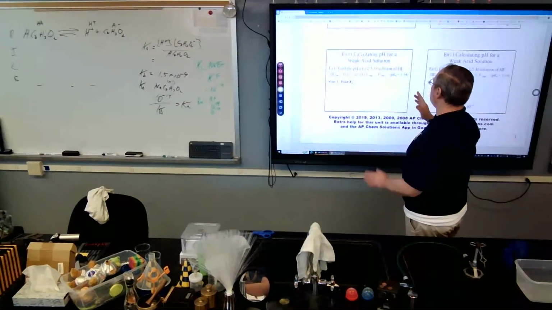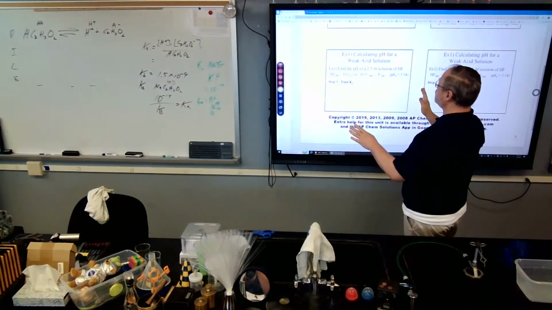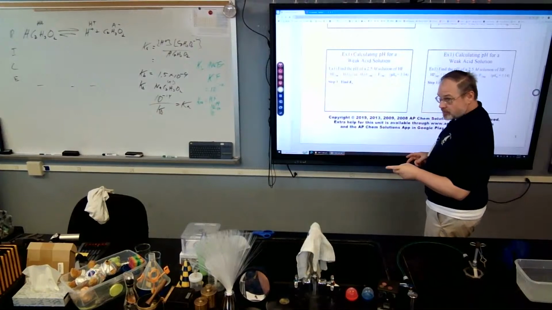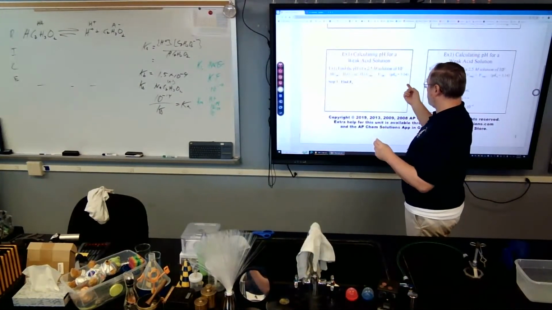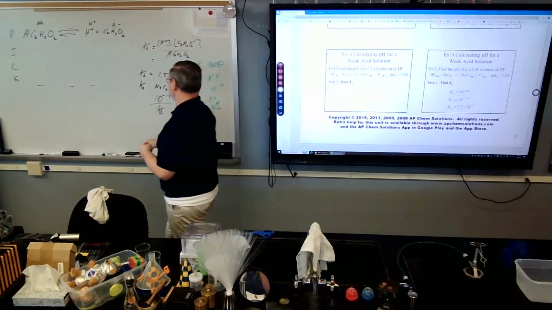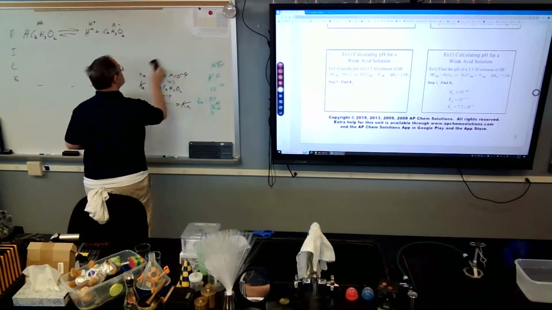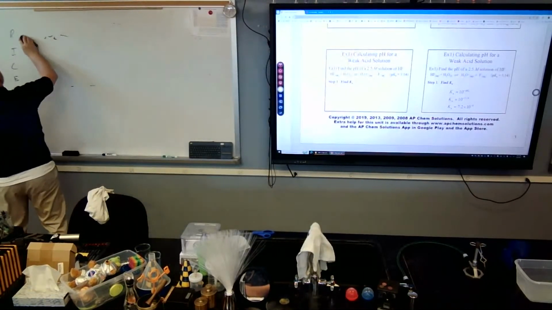Find the pH. Ooh, okay, here we go. This is going to require some really cool calculations. Find the pH of a 2.5 molar solution of HF. There's the pKa. Follow me to the RICE table. I have to rewrite the whole thing.